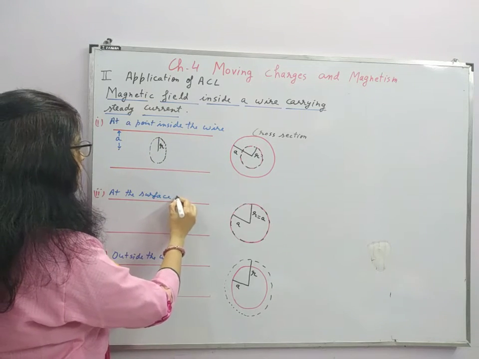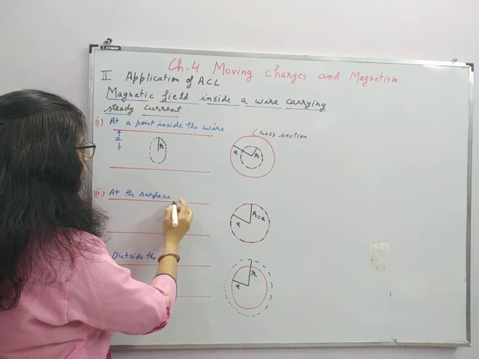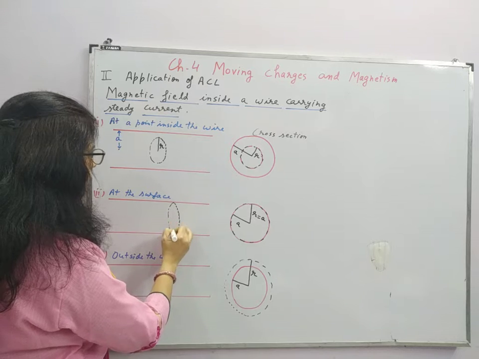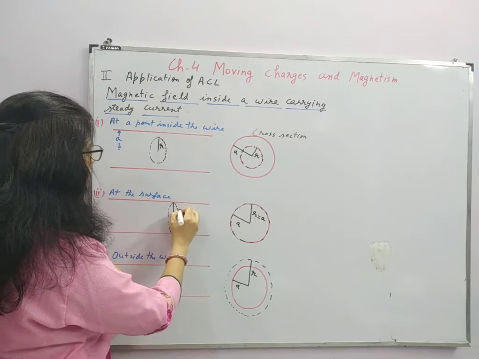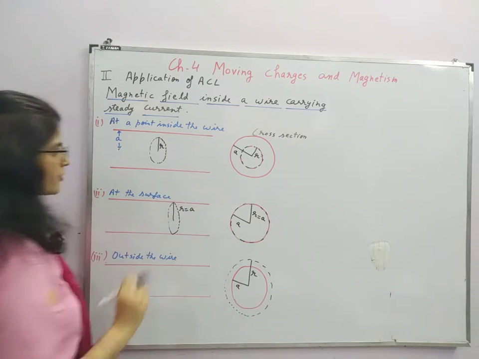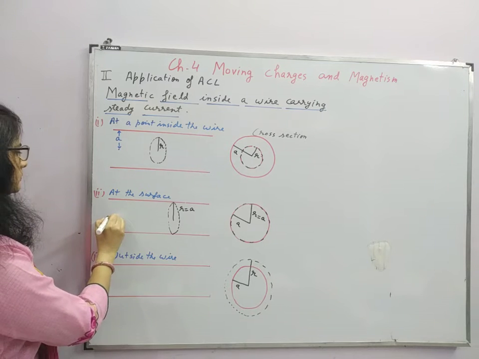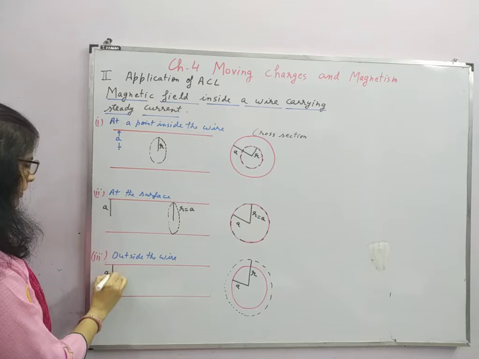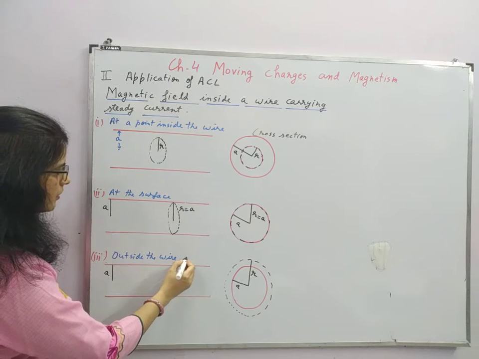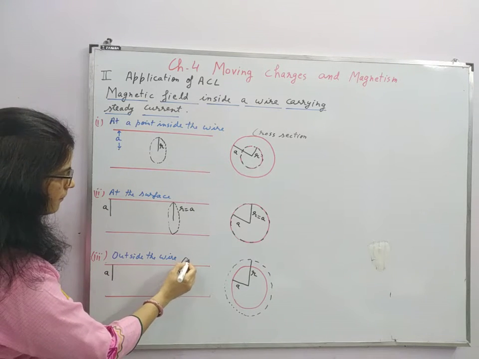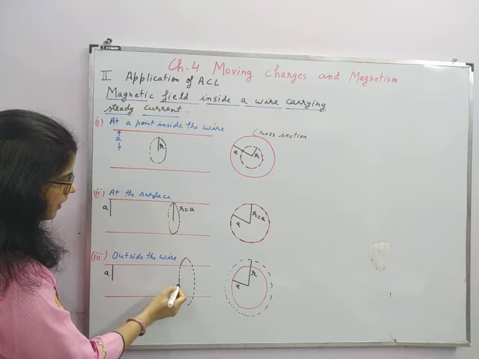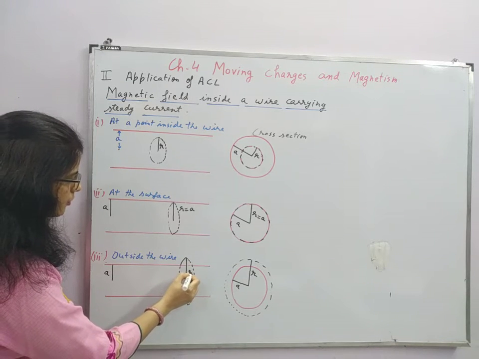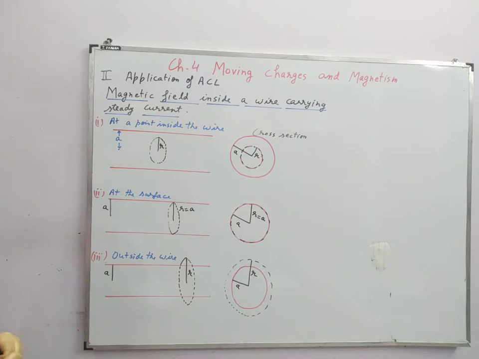Here I am drawing the Amperian loop on the surface of the wire with radius same as the radius of the wire. And here I am taking the Amperian loop outside the wire with radius small r, right?